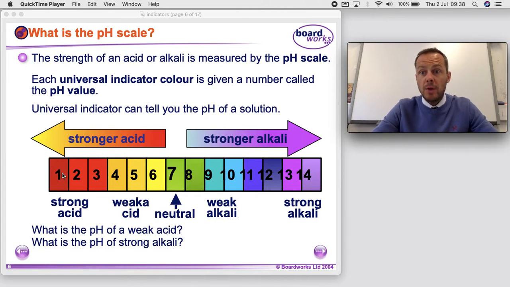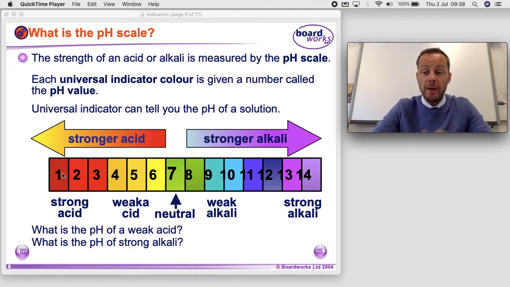Certain plants will only grow in particular types of soil, certain acidic soils or certain alkali soils. You can use universal indicator to measure the pH of your soil to see what plants can grow in what parts of your garden. Again, you take a little bit of the soil, mix it with some water, let the soil settle out, add the universal indicator to the water, and it would change colour.